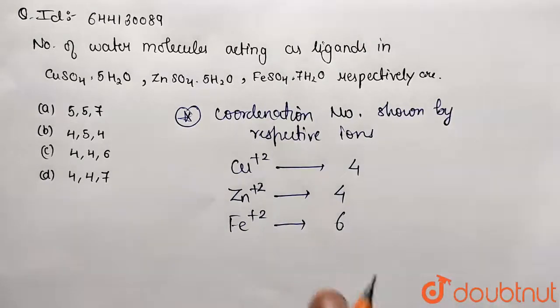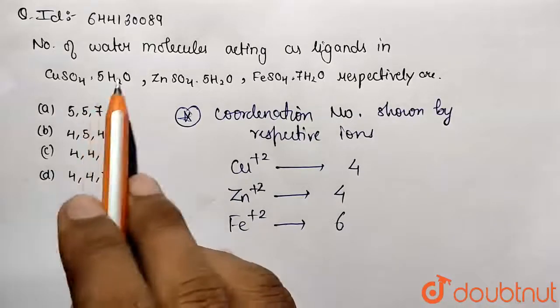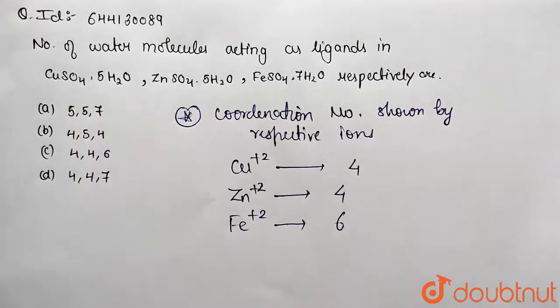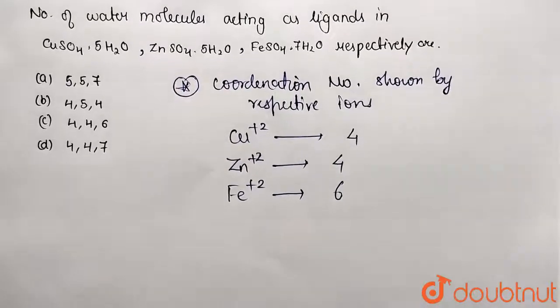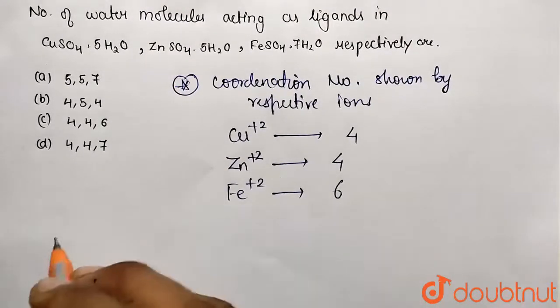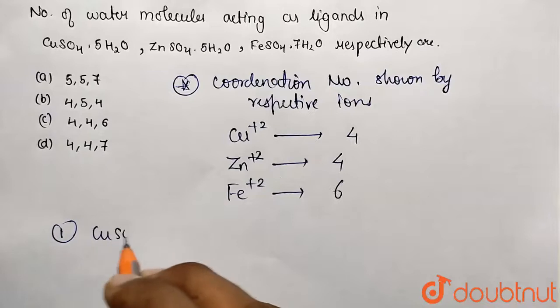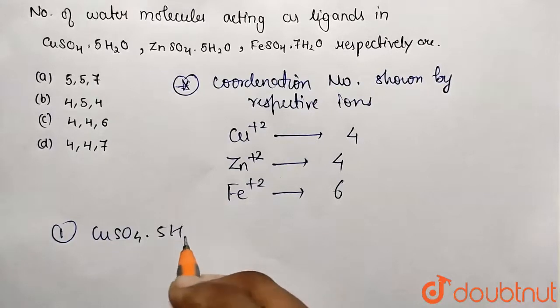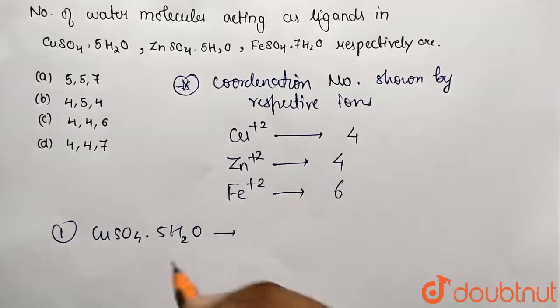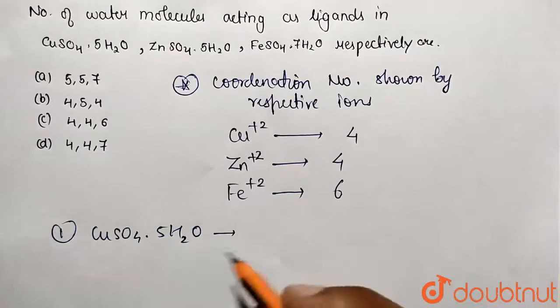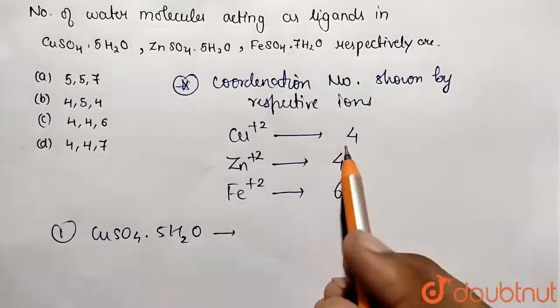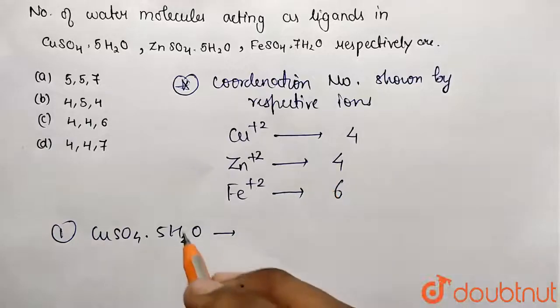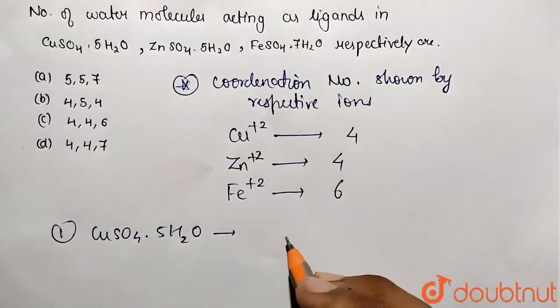Now by looking at these coordination numbers, we need to form their complexes and tell how many water molecules are going to act as ligands. First of all, we write CuSO4.5H2O, the compound given to us. We need to adjust for a coordination number of 4, so a maximum of 4 water molecules can be accommodated inside.